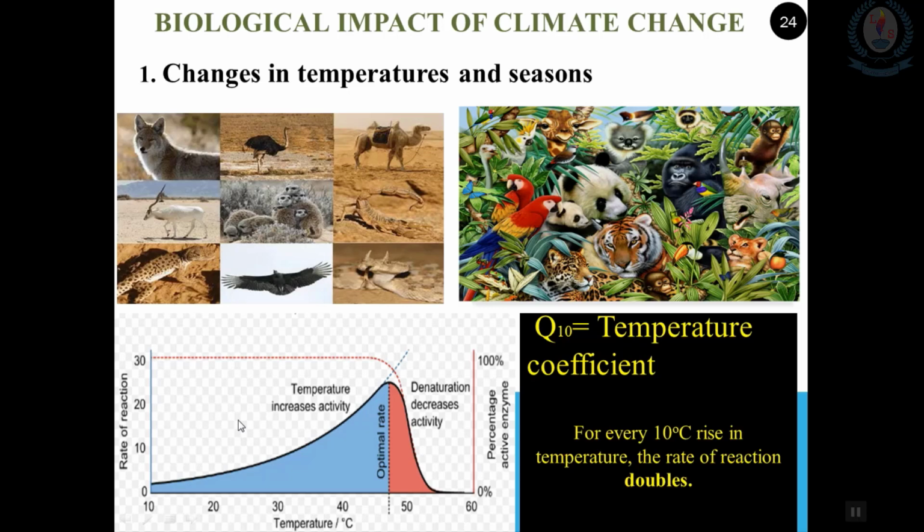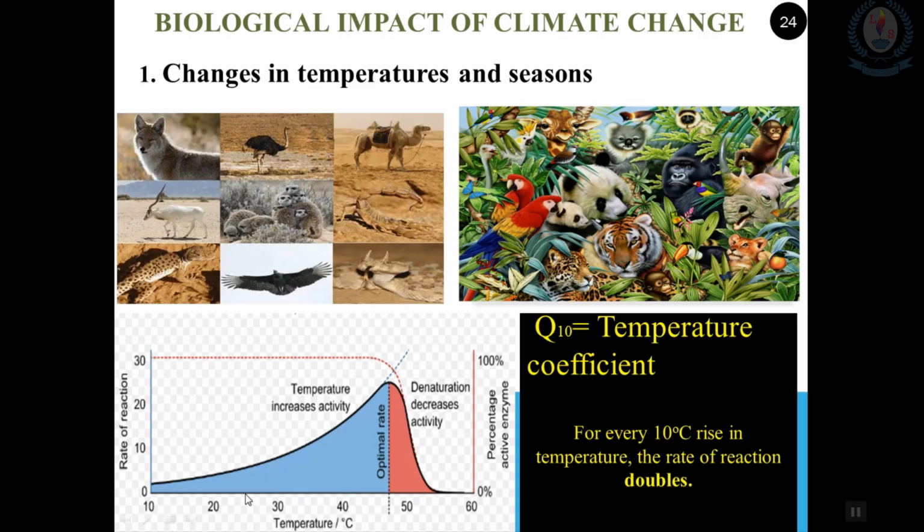Climate change already involves changes in temperature, and we know that temperature has an effect on enzyme activity of an organism. The graph below here shows or gives you a review on the enzyme kinetics.